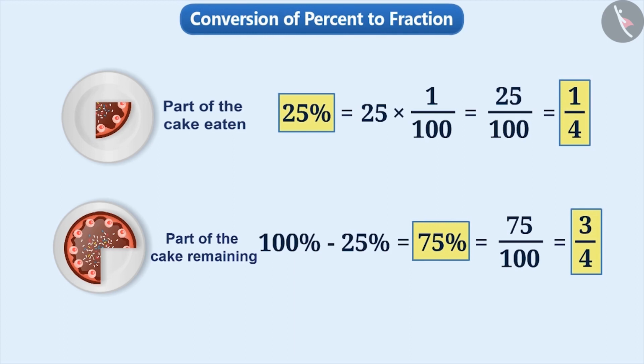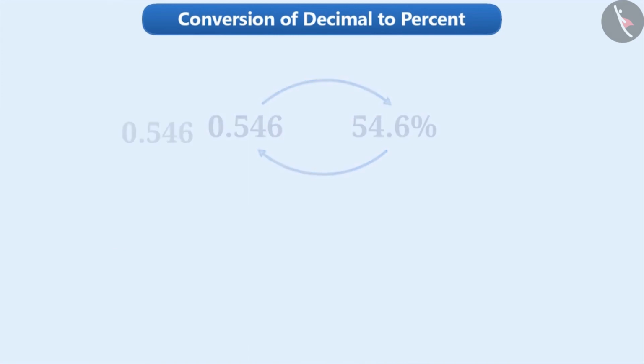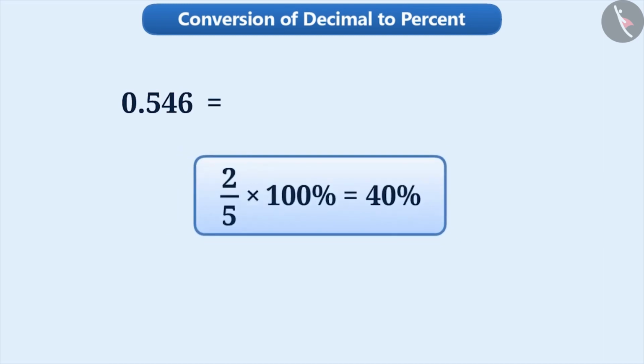So, to express percentage in fraction, first we will find the value of percentage, then express it in the form of the corresponding fraction. Now let's learn the conversion of decimal to percent and vice versa. Suppose we have to express 0.546 in percentage. Just as we multiplied by 100% to convert a fraction into percentage, in the same way, we will multiply decimal numbers with 100% to convert into percentage.